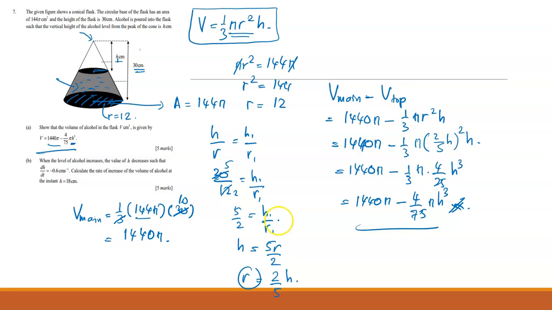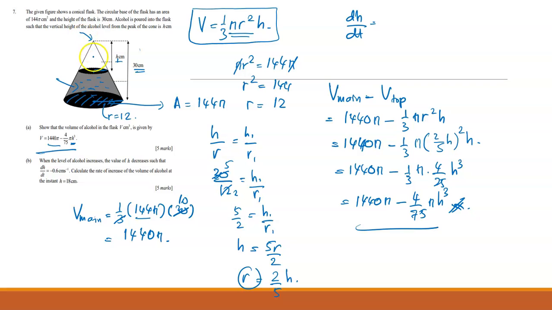Now, the last final question: when the level of alcohol increases, the value of h decreases, such that dh/dt, the height with respect to time, will decrease.